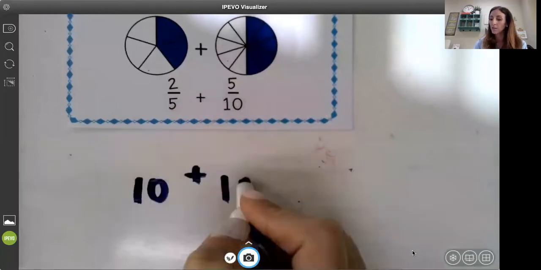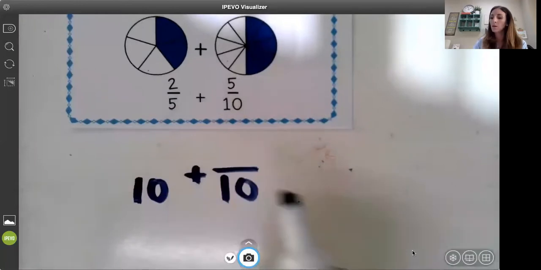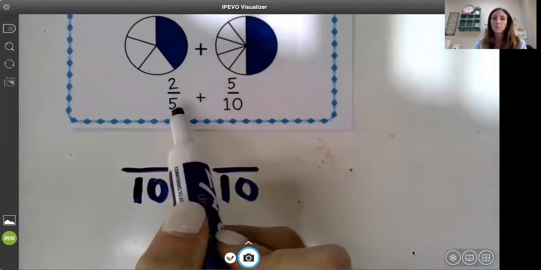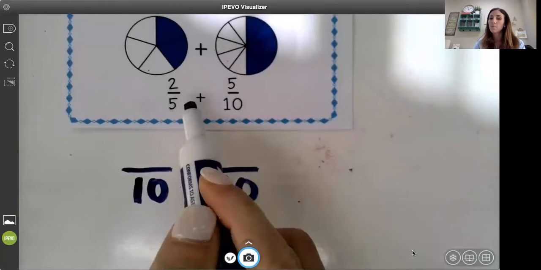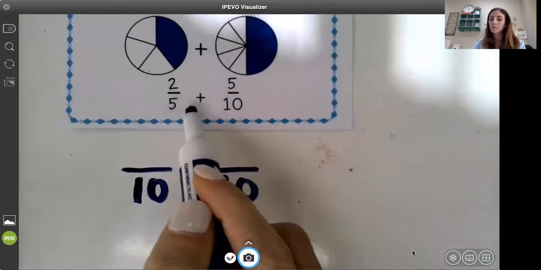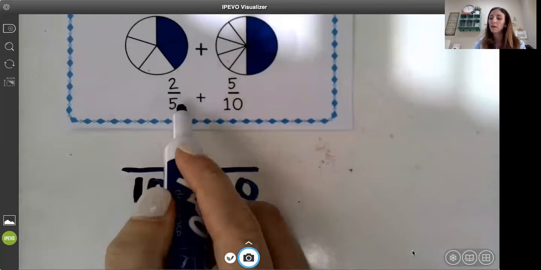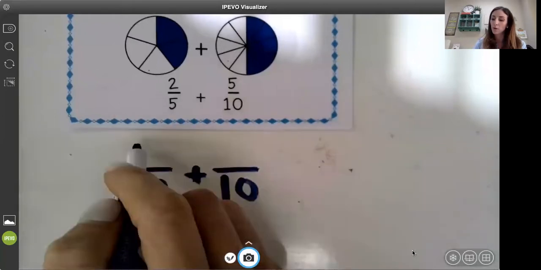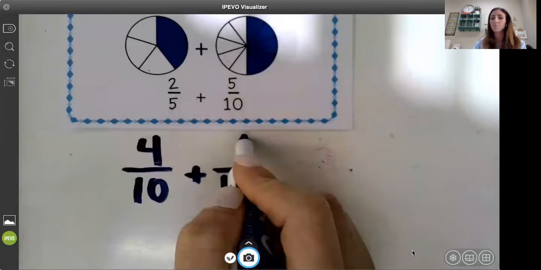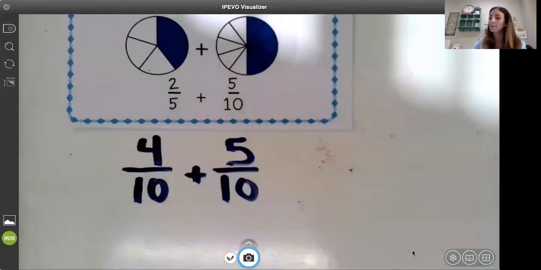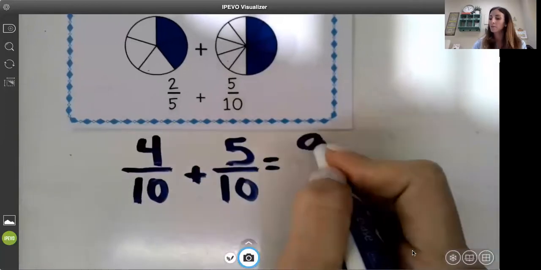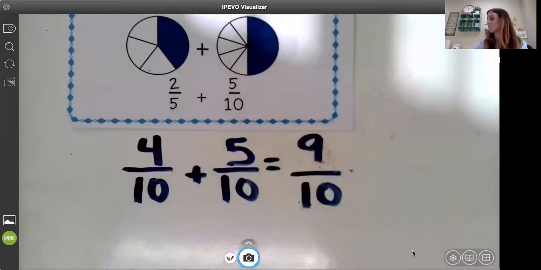So then what if I just had a 10 on the bottom, right? Then I have to look at this one. 5 times some number would give us 10. So what would it be? Good, 2. And then if I multiply 5 by 2, I multiply the top number by 2 as well. And this one can stay the same. When I add them together, I get 9/10.